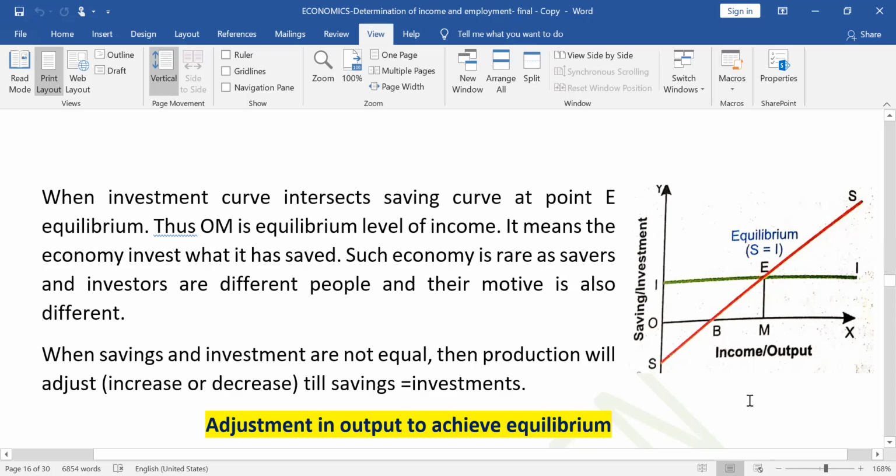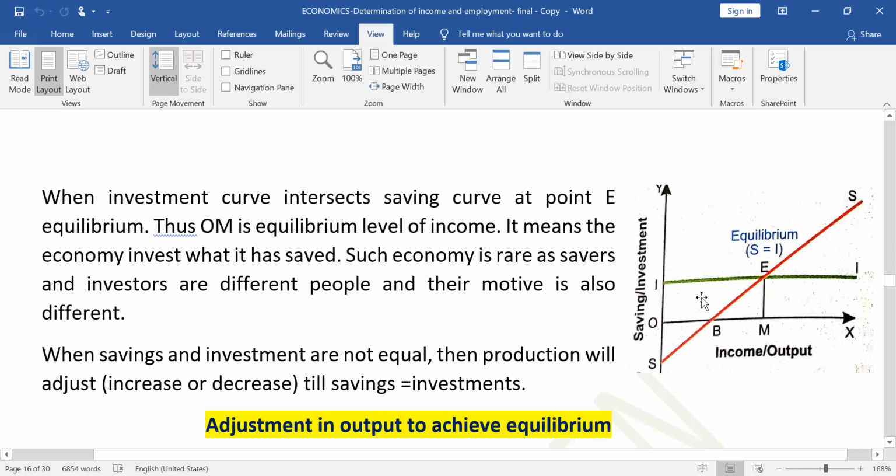Now, what happens if investment is more than saving? If you see this side to the left of point E, investment is more and saving is less. How does the adjustment take place?